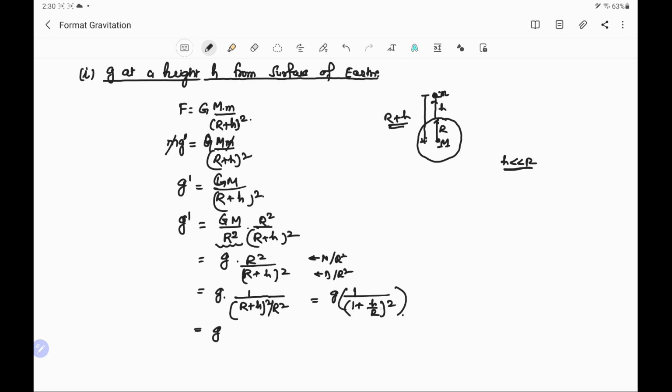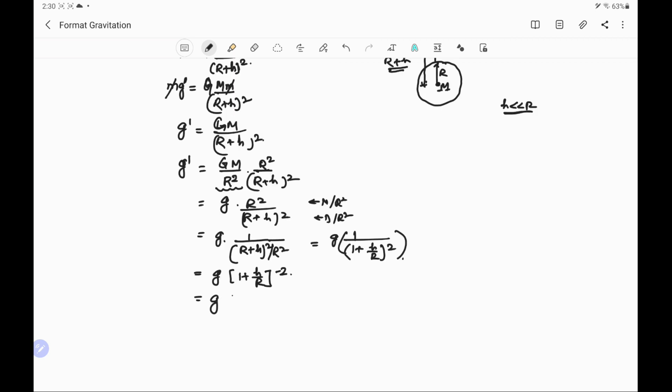If we take the denominator to the numerator, we can write it as (1 plus h by R) raised to the power minus 2. Using the binomial theorem, this is of the form (1 plus x) raised to the power n, which is 1 plus nx plus n(n minus 1) by factorial 2 x square and so on. So we get g [1 plus (minus 2) h by R plus (minus 2)(minus 3) by factorial 2 (h by R) whole square plus and so on].